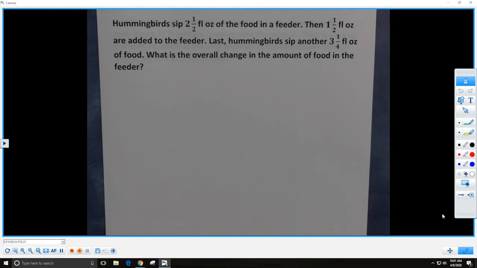Let's write an expression that represents this situation. I'm going to pause so that you can go ahead and write an expression on your paper.